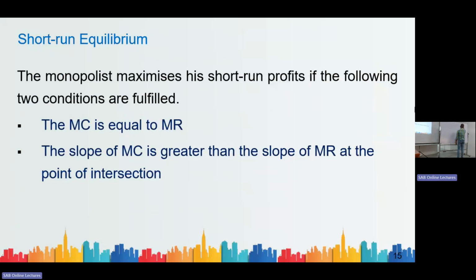Marginal revenue should be equal to marginal cost, and the slope of marginal cost should be greater than the slope of marginal revenue. So those are the two conditions for profit maximization we introduced for a perfectly competitive firm.